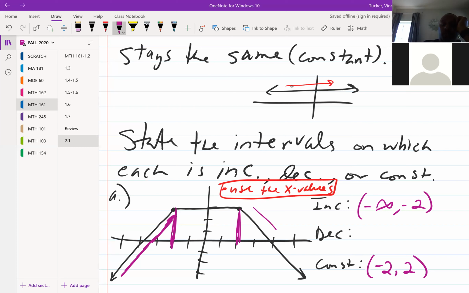And then from 2 down to, well, 2 to infinity, 2 to positive infinity. Remember, we're not going down, we're going to the right. So we're looking at our x values. 2 to infinity is decreasing.